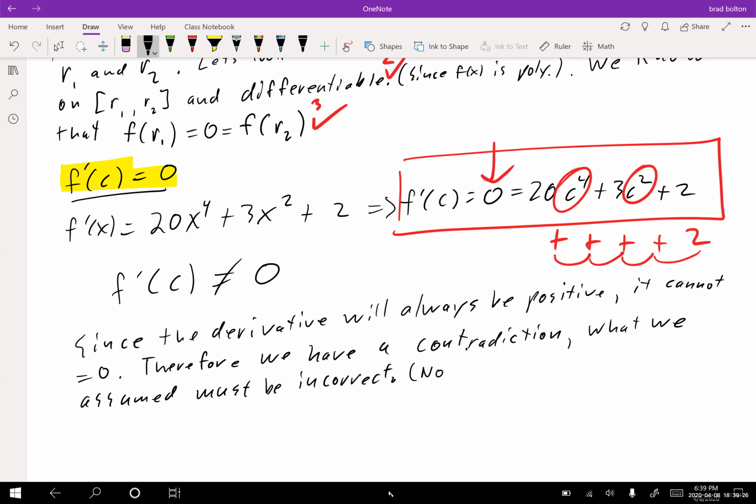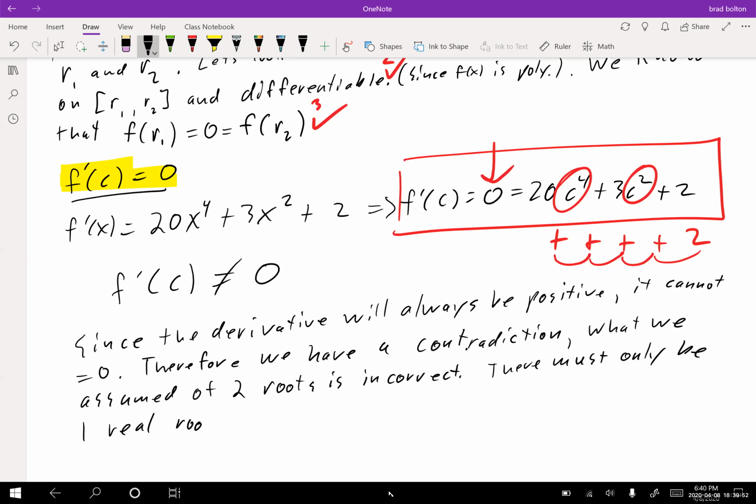We assumed two real roots, and that is incorrect. Therefore we have a contradiction. There must only be one real root.